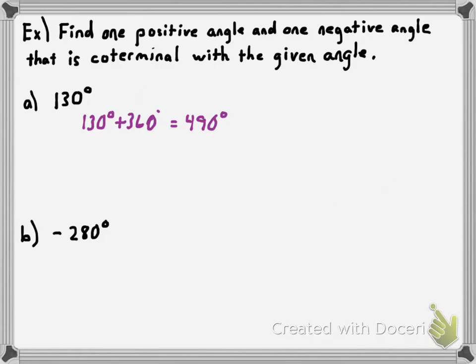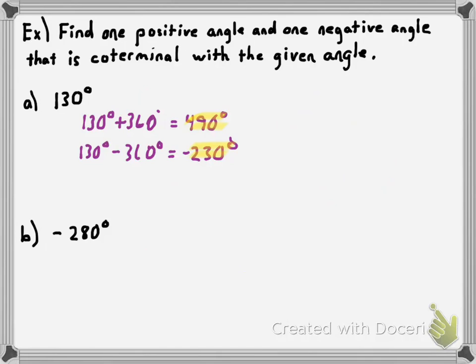That's going one revolution around counterclockwise in the positive direction. Or I can take that 130 degrees and subtract 360 degrees from it, which is negative 230 degrees. Those two angles are coterminal with 130 degrees.